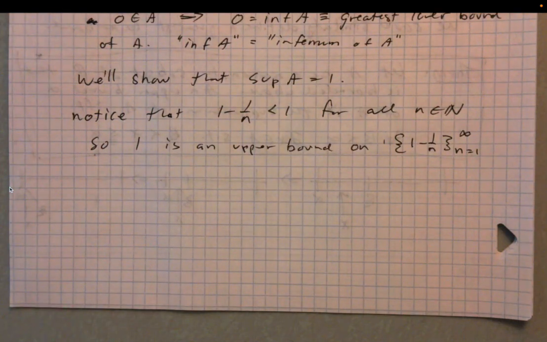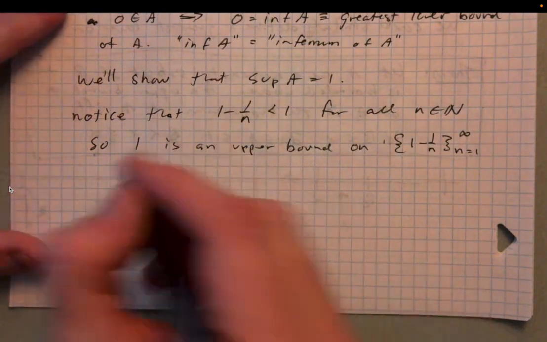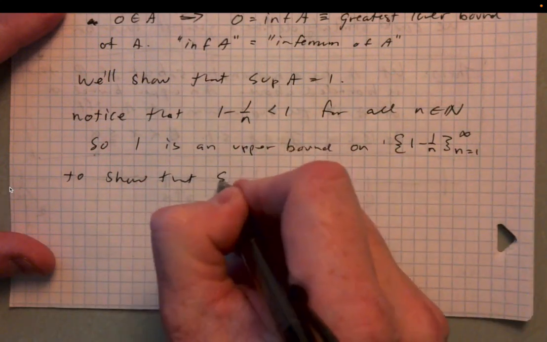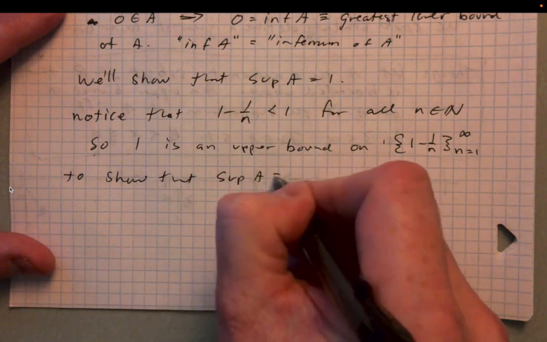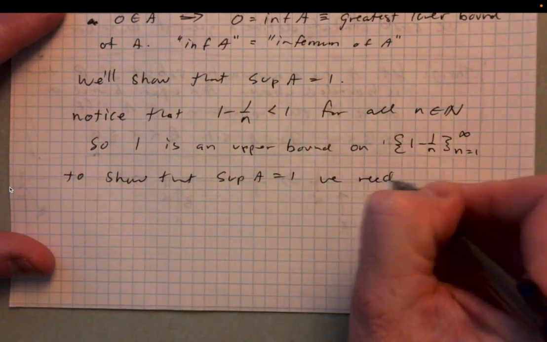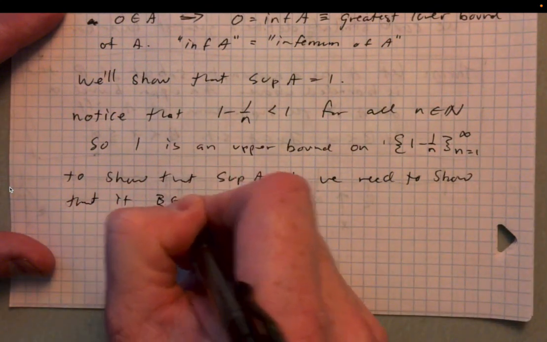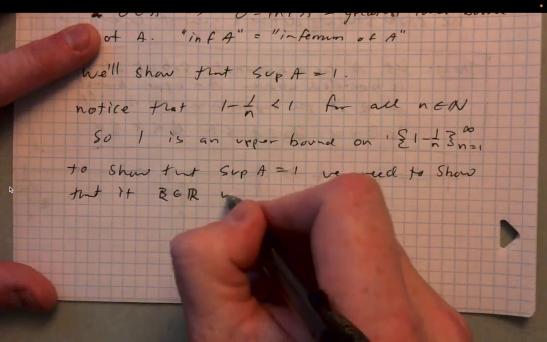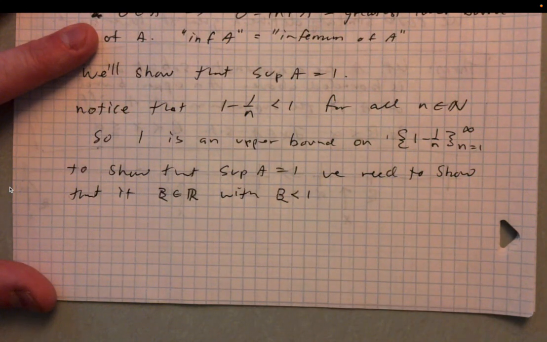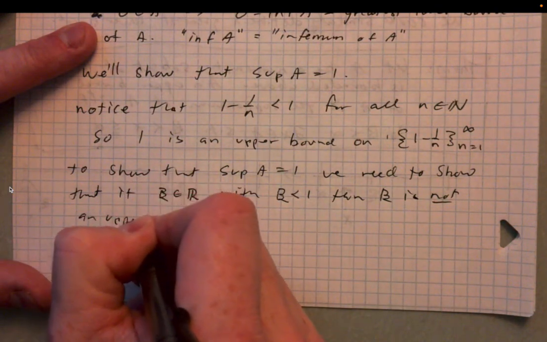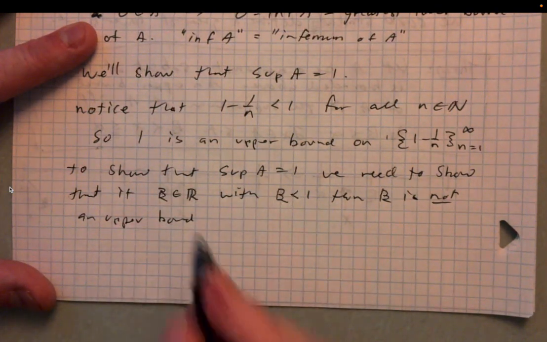So to show that the supremum of A is equal to 1, we need to show that if beta is a real number with beta less than 1, then beta is not an upper bound of A. Right?